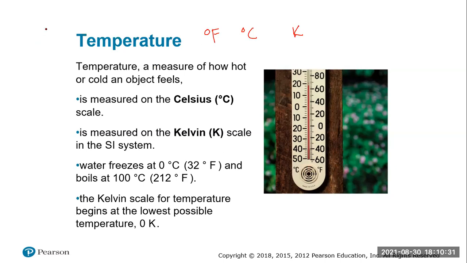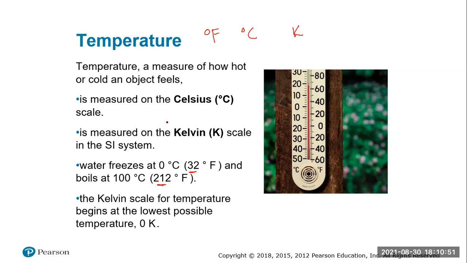Really, the conversions come from the difference between where water freezes and where water boils on each of these scales. For example, on the Fahrenheit scale, water freezes at 32, boils at 212. On the Celsius scale, water freezes at 0 degrees Celsius and at 100 degrees Celsius it boils.